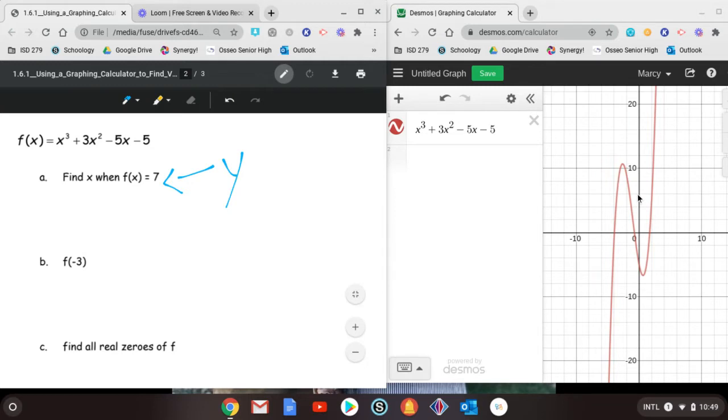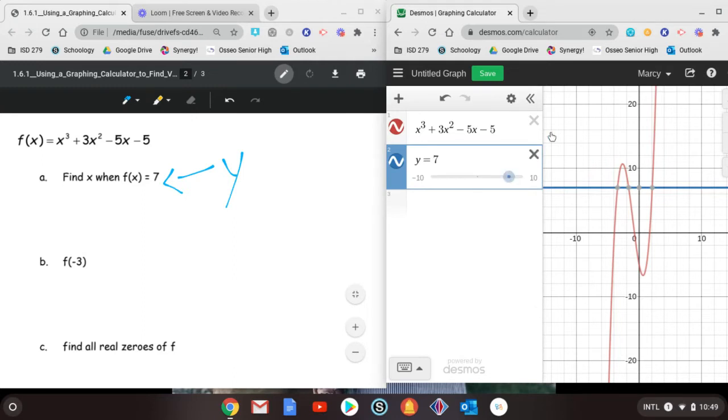If I want 7, what I could do is put in 7 for my y here. Maybe I need y equals 7. There you go.